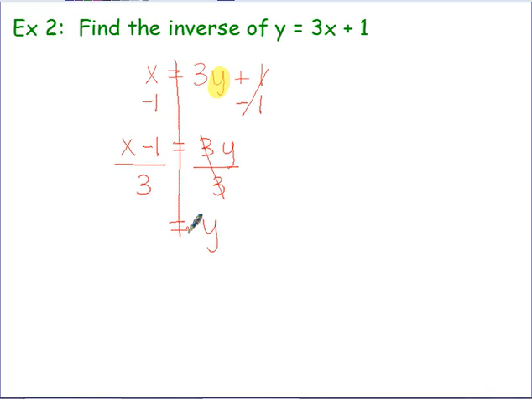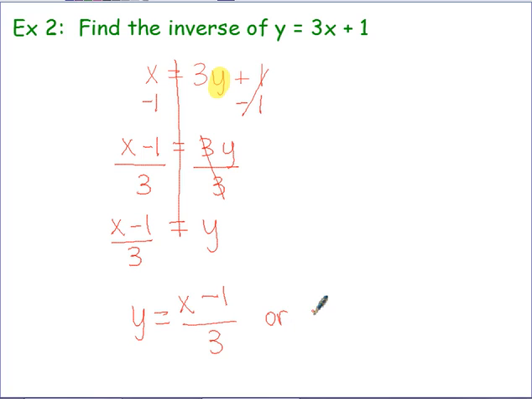Now I'm going to accept one of two answers. The first answer I will accept is what you have sitting here, x minus 1 divided by 3. So that's one option. And if you like y to come first, there you go. The problem is, if I asked you to graph this, that's not a helpful form for graphing. So if I want you to graph it, it would be easier to divide both of these by 3 separately.